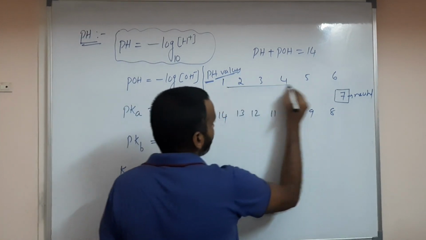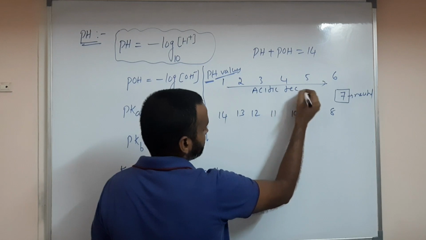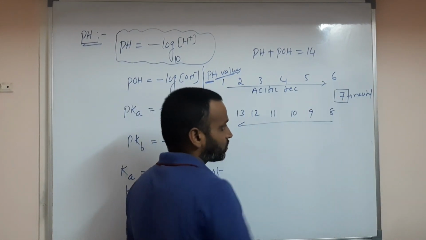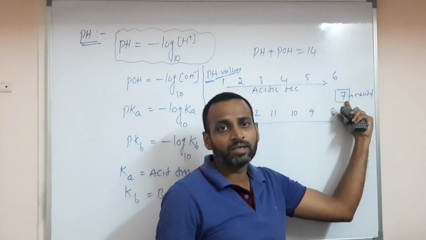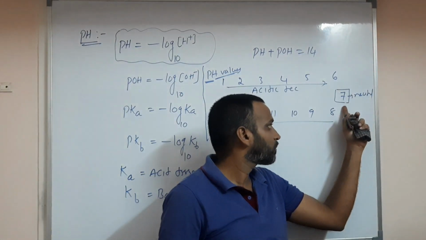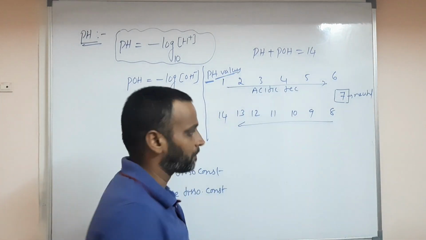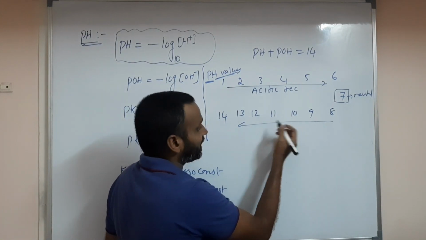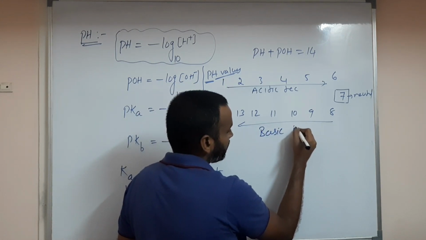As the pH value increases, the acidic character decreases. From 8, and between 7 and 8 also, it comes under bases. Of course it is almost neutral, like 7.1, but slightly basic. That's the meaning. So after 7, if pH is increasing, then basic nature increases.